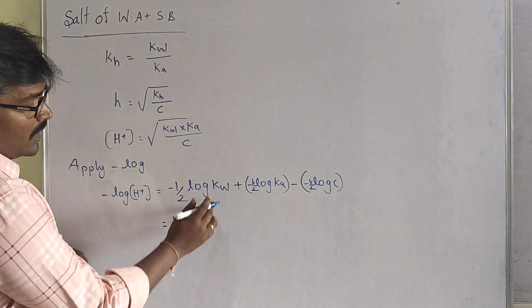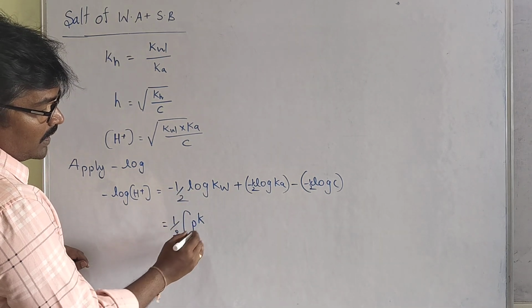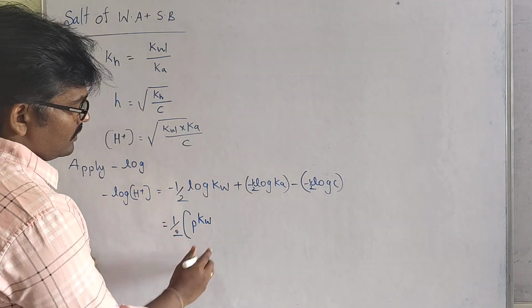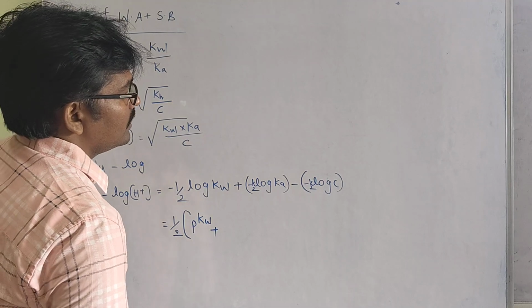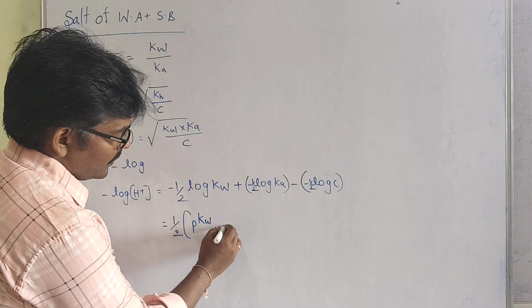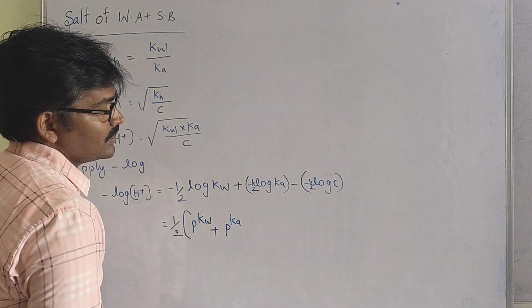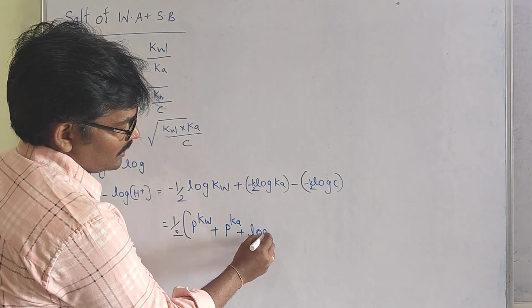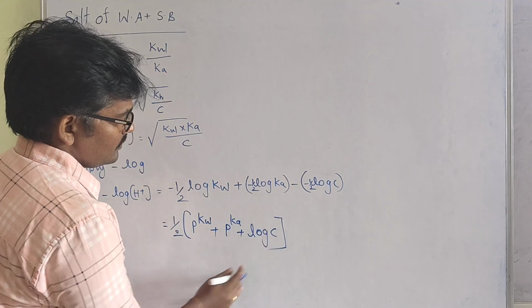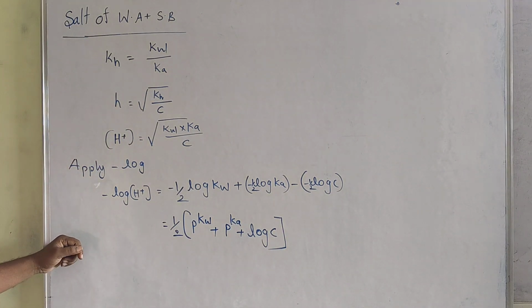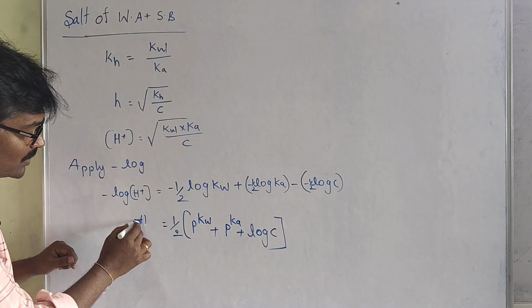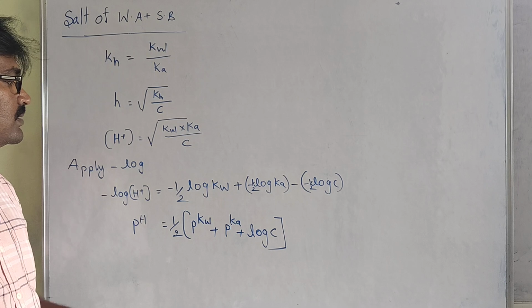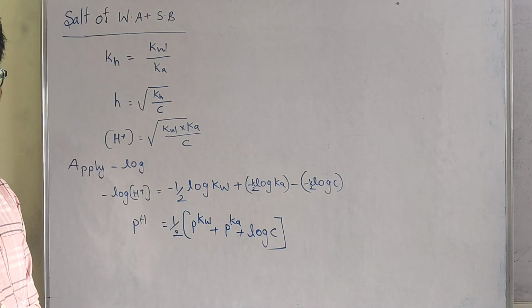Then minus log Kw becomes pKw. Then plus as usual, minus log Ka becomes pKa. Then minus into minus, plus log C, as usual. So to find the pH of that particular salt, which is the salt of a weak acid and strong base, you have to take this.